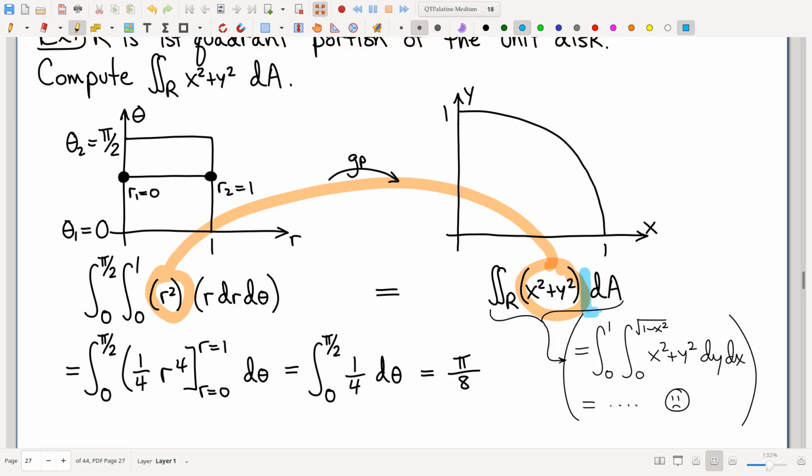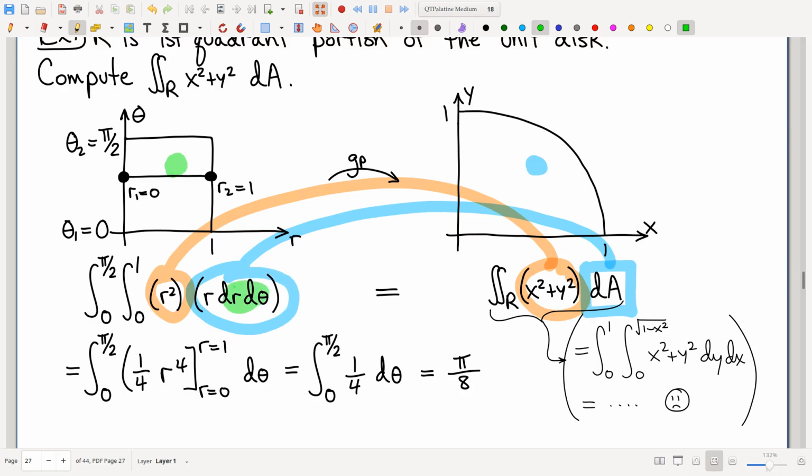This right here, dA, represents a piece of area in the xy plane, and that piece of area in the xy plane is going to be a factor times area in the r theta plane.